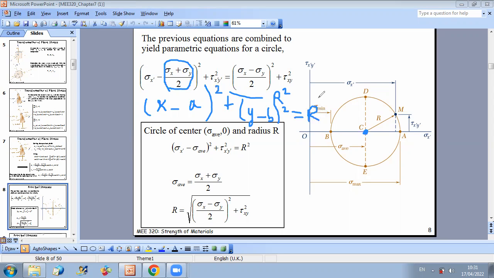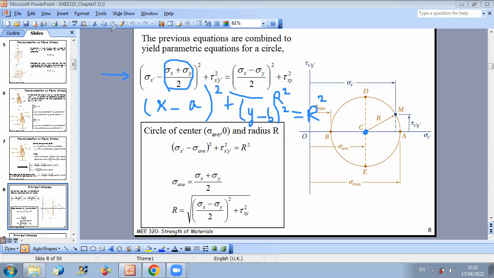So by comparison, if you look at this formula relating the stresses, you can say that the center of the circle will be of coordinate (sigma x plus sigma y) over 2, and b is 0. And you have that the radius is the square root of ((sigma x minus sigma y) over 2) squared plus tau xy squared. This means that I was able to find a simple relation between stresses in different directions.